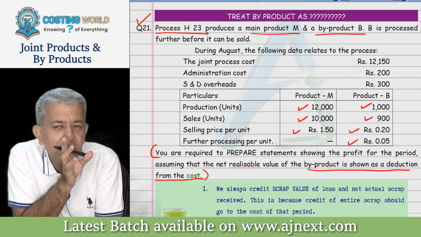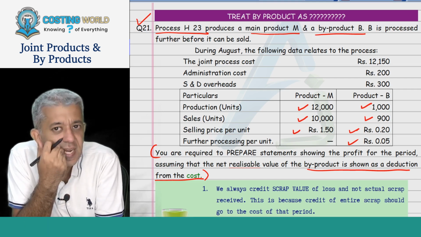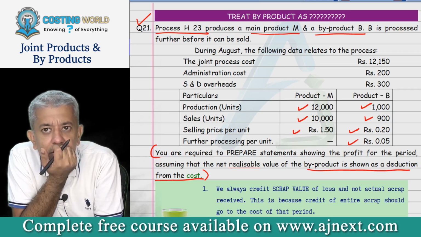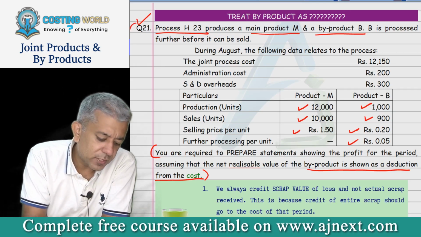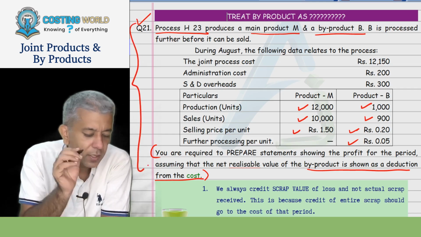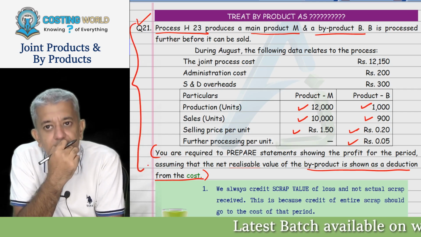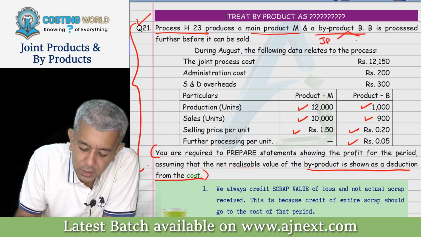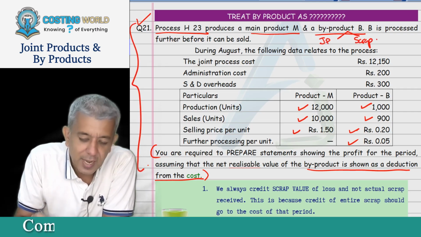Byproduct can either be treated as joint product or as scrap, and always, the question has only told us here. Now, you all read this question once more in your mind. Tell me, in this question, byproduct B will be treated as joint product or as scrap?